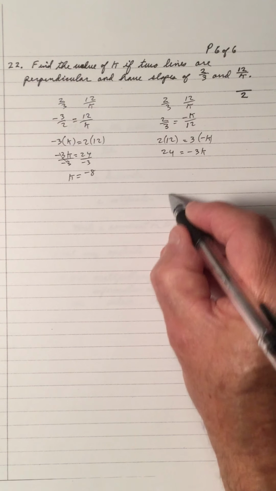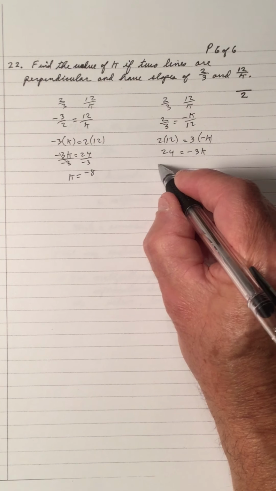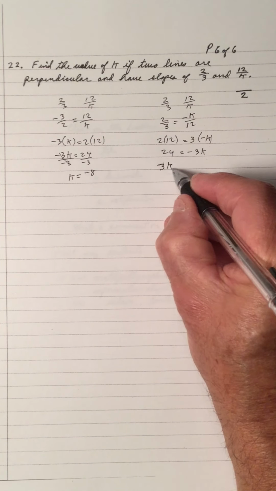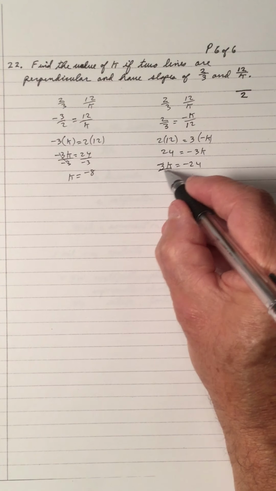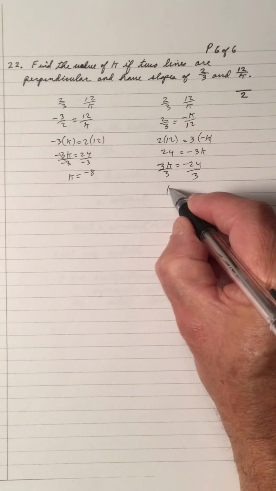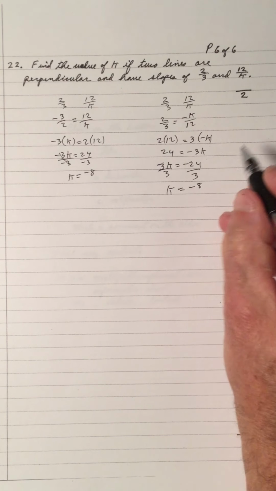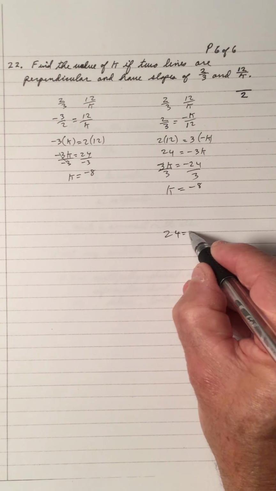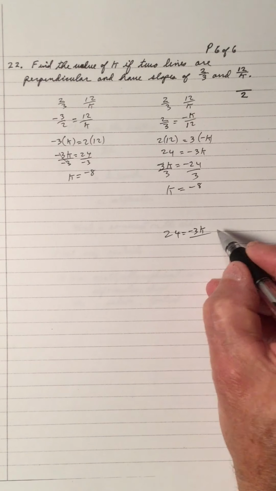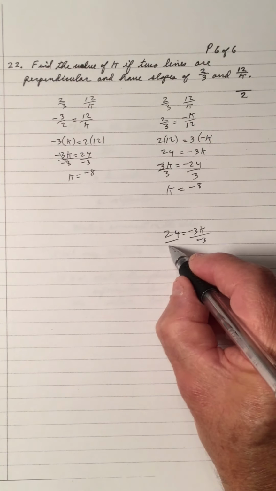I can go, let's go down here, I can go 3k equals -24, but that's really flipping it, and divide by 3 and I'll get -8. Or I could leave it as 24 equals -3k and divide by -3 on each side like that.